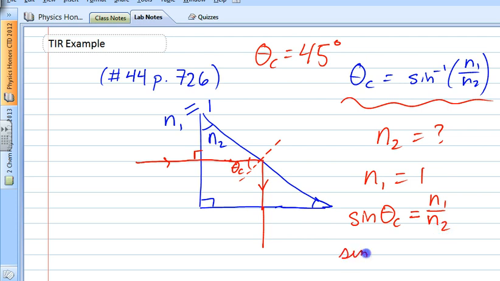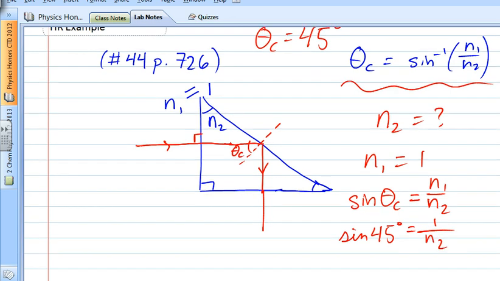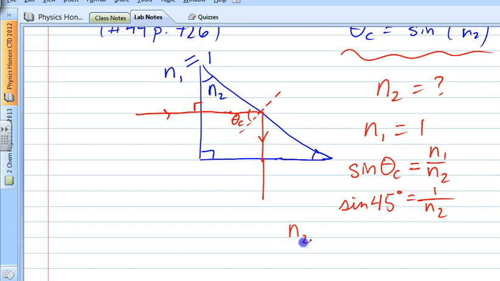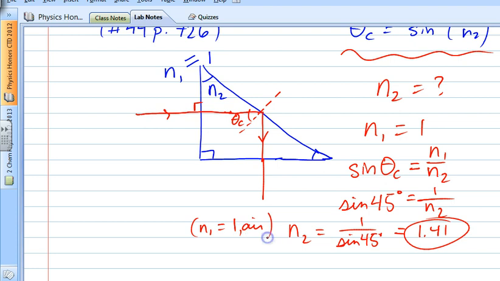So that means that the sine of 45 degrees is equal to 1 over N2. And this means that N2 is 1 over the sine of 45 degrees, which turns out to be 1.41. So this is if N1 is equal to 1, which corresponds to air.